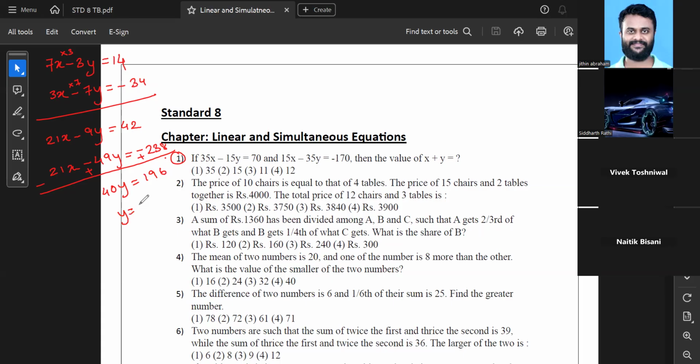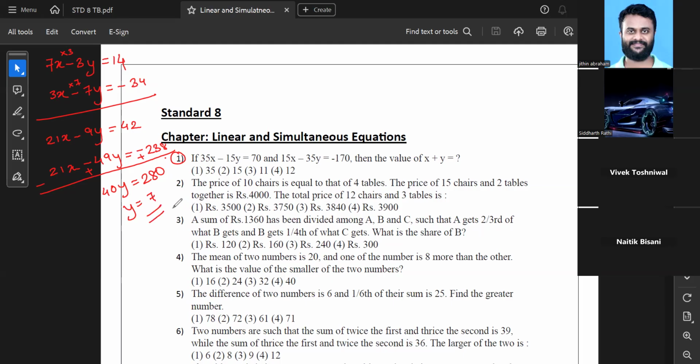Oh sorry, it will be 280, my bad. Yeah, it's 280. So 40y is equal to 280, and there goes y equal to 7, right?